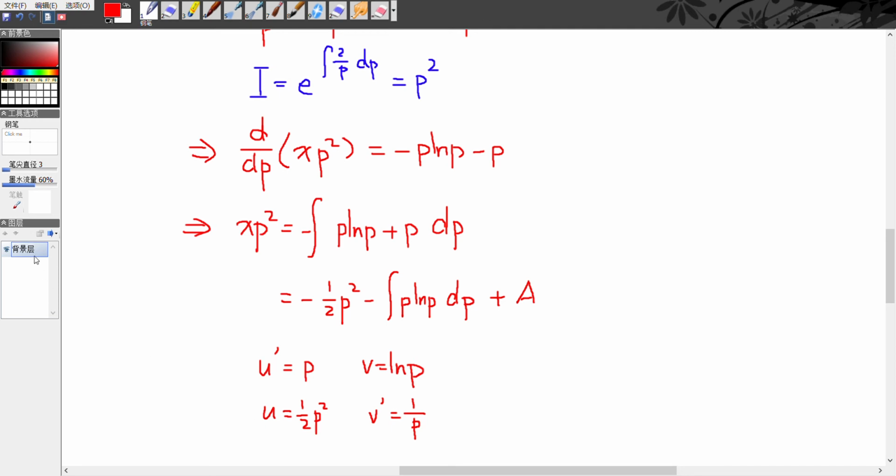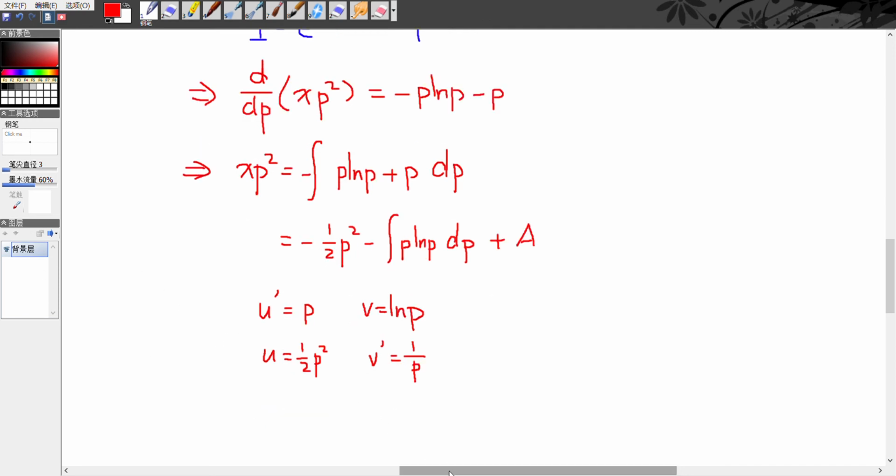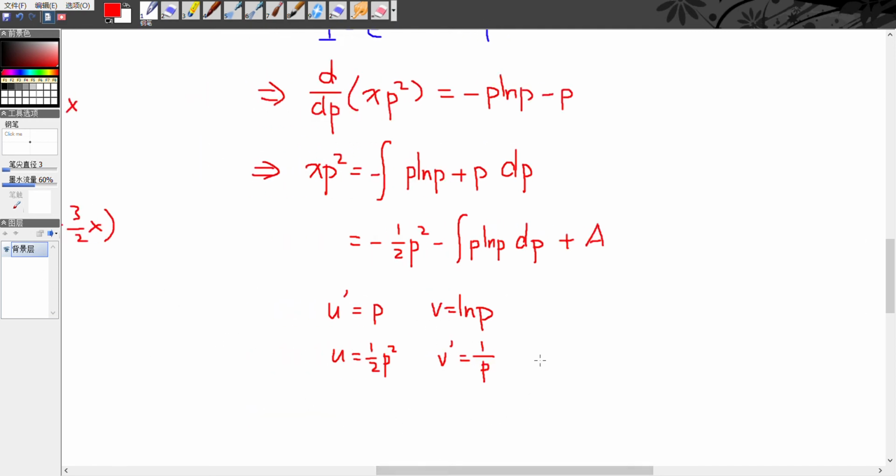The reason why we do the integration by parts in this form is that we can eliminate all the ln p's, all the terms that relate to the ln function. And after eliminating all of those, we can turn our integrand into a polynomial, which is very easy to solve.